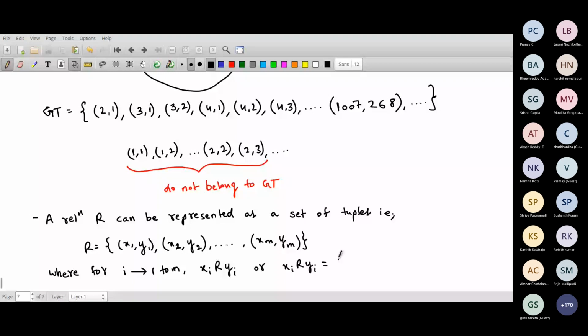Like I mentioned earlier, both these are same. You can either just say R(xi, yi), or you can explicitly say R(xi, yi) equal to true.